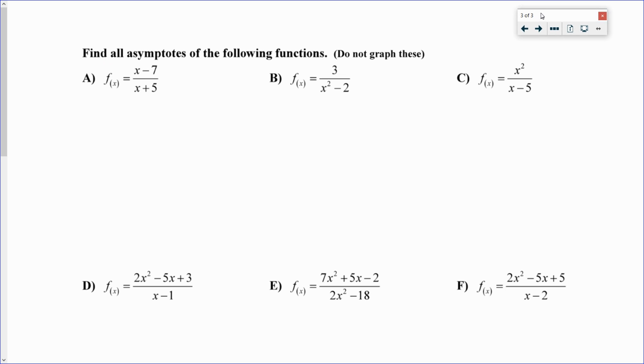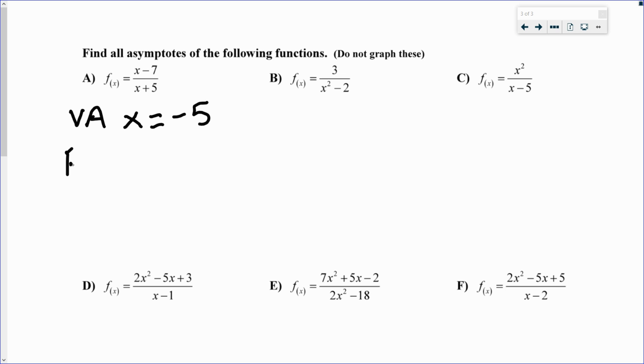Make some space. Okay, so for number 1, for the vertical asymptote, kind of almost easy to eyeball. If we were to take the denominator, x plus 5, and set it equal to 0, we would get x equals -5.